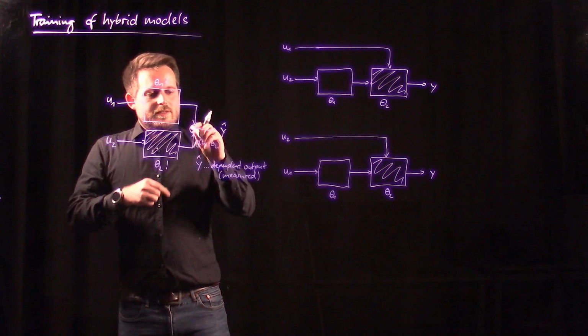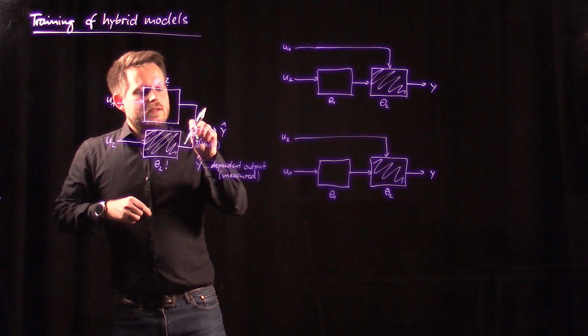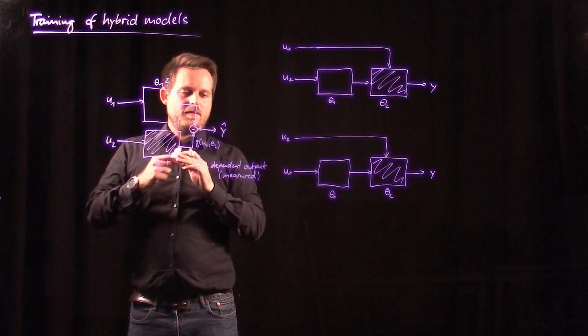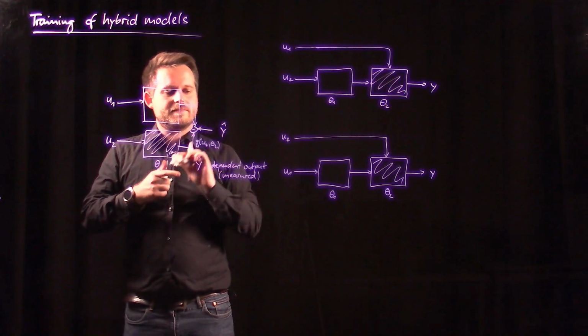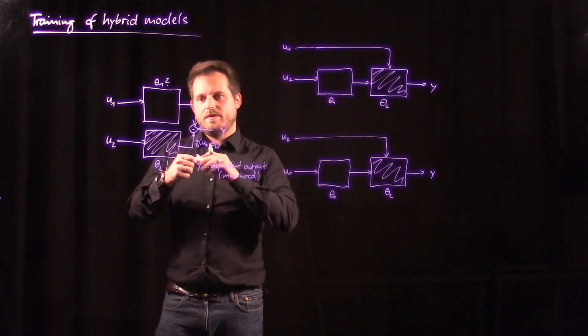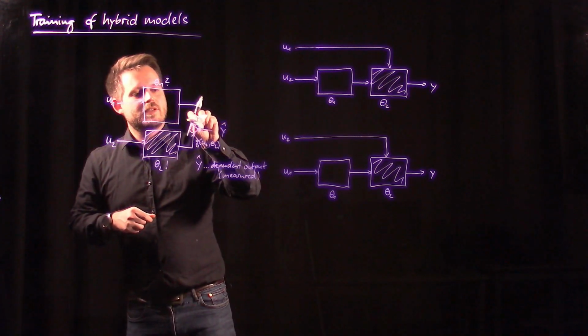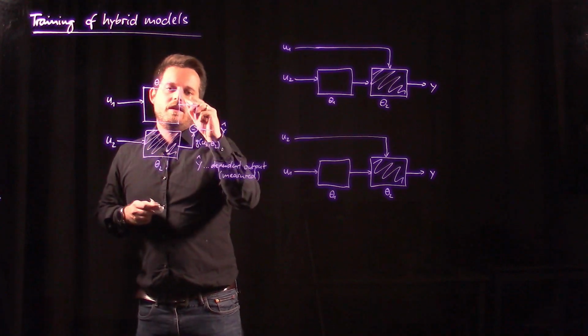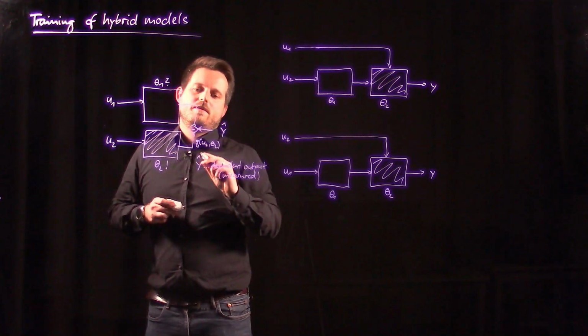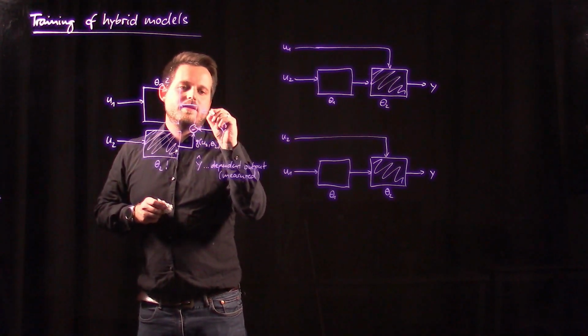And this is subtracted from my measured outputs. So different direction. And these values I feed back to the output of the data-driven model. And I call this Z.